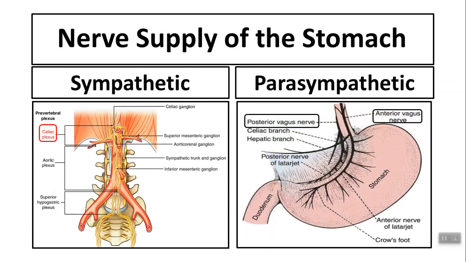What is the nerve supply of the stomach? We have two types of nerve supply because it is a viscera. We have autonomic nerves, that is sympathetic supply and parasympathetic. The sympathetic is from the celiac plexus that originates around the celiac trunk. It will give sympathetic nerves. And we have parasympathetic supply through the anterior and posterior vagal nerves.